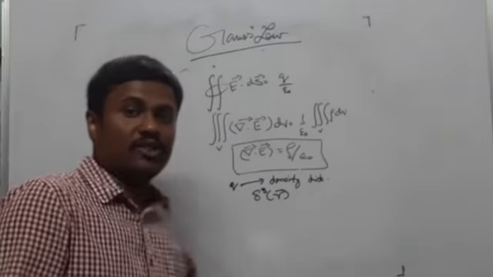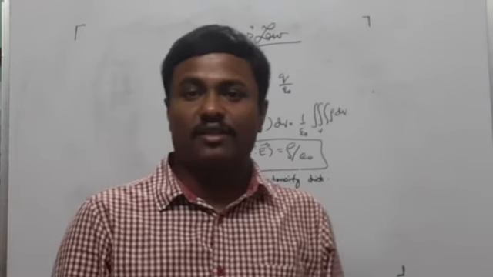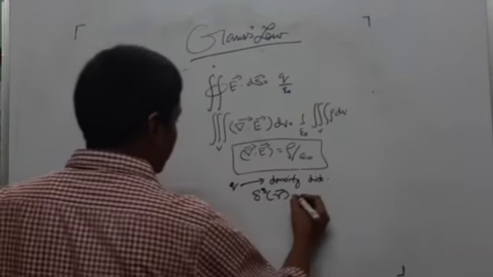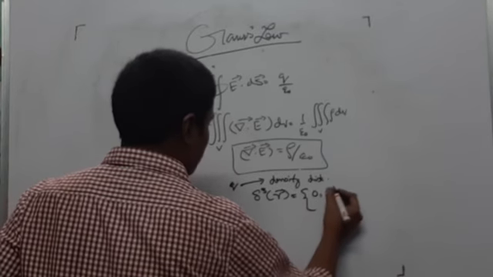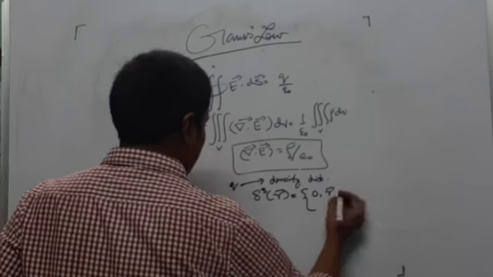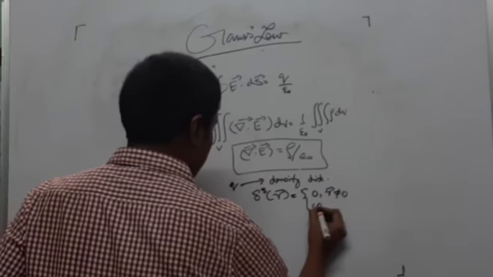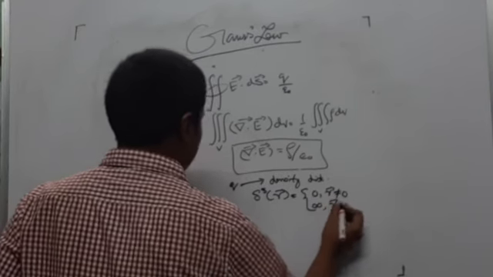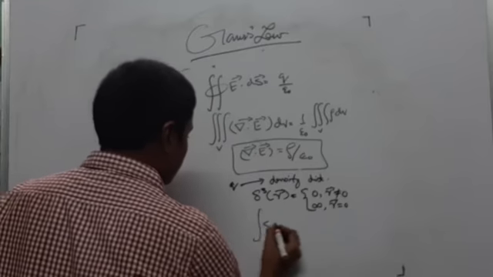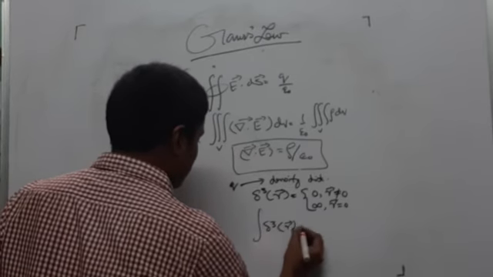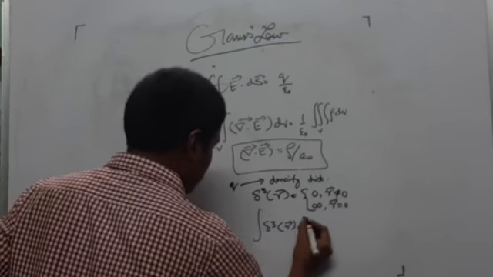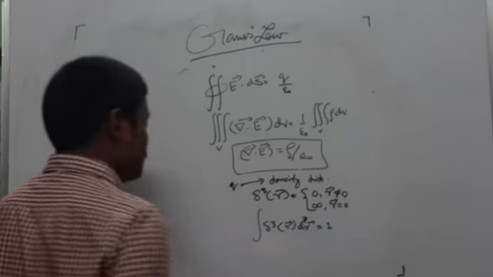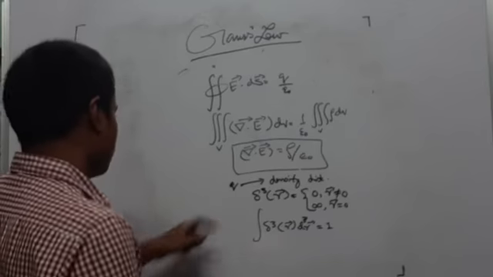The delta function is a very weird kind of function. It is 0 when r is not equal to 0, and it's infinity when r is equal to 0. It looks very bizarre, but its main property is that the integral of the delta function over d3r is equal to 1.